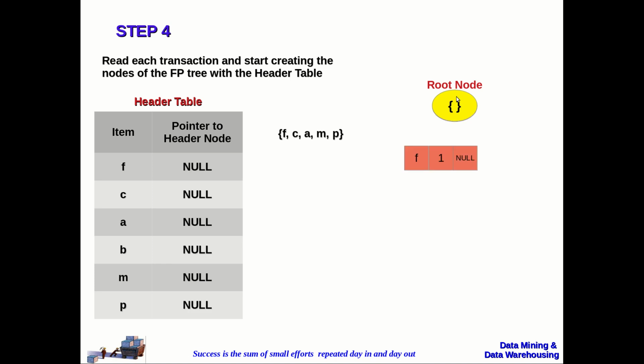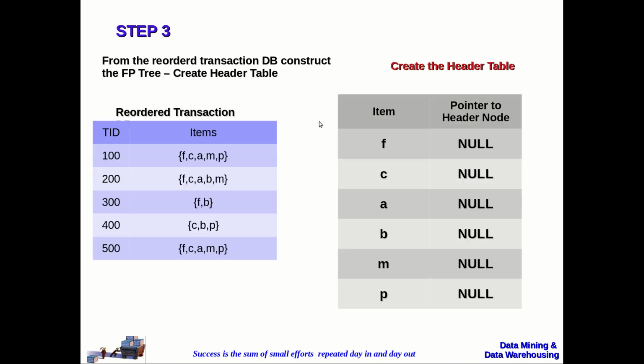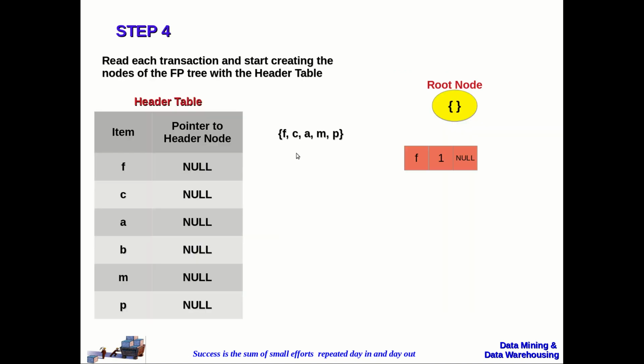So first we consider the first transaction. What is your first transaction? You take the first transaction and take F. For F, you create a new node, and the item prefix subtree will have nodes in this particular format: the item name, count, and pointer to the next node.